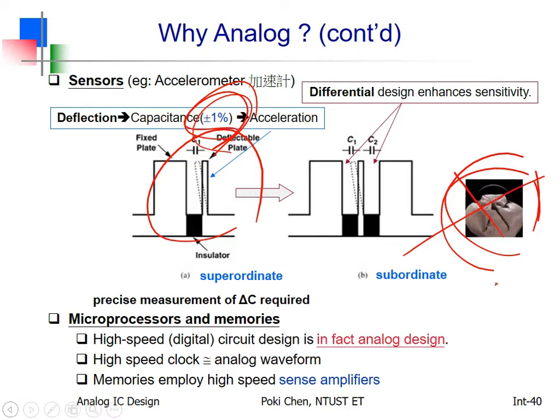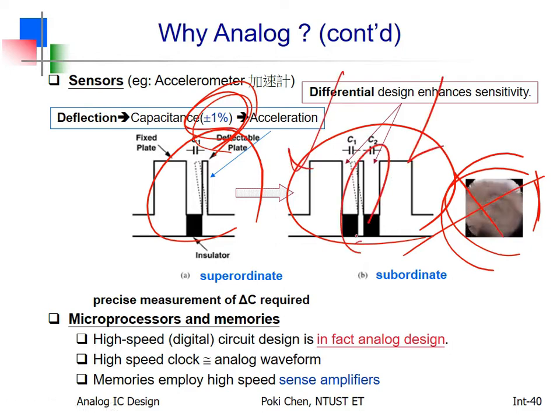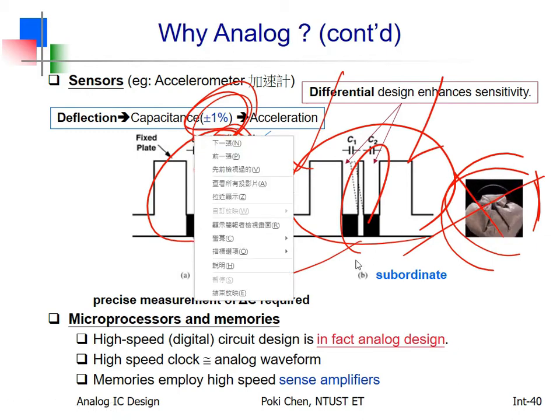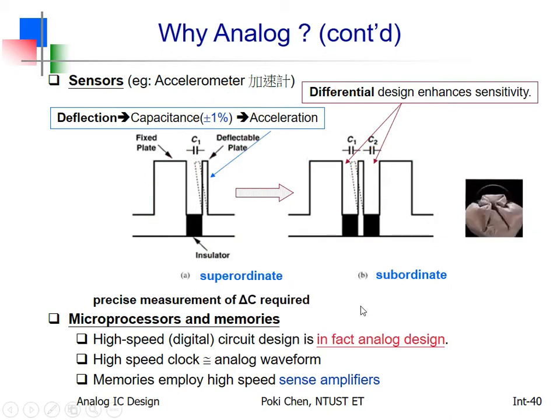They sued the car company a lot. So what is the solution? Oh, this is the second generation. You can see it has 2 fixed plates and only 1 deflectable plate. That's it. But it says what? Again, the difference between C1 and C2.